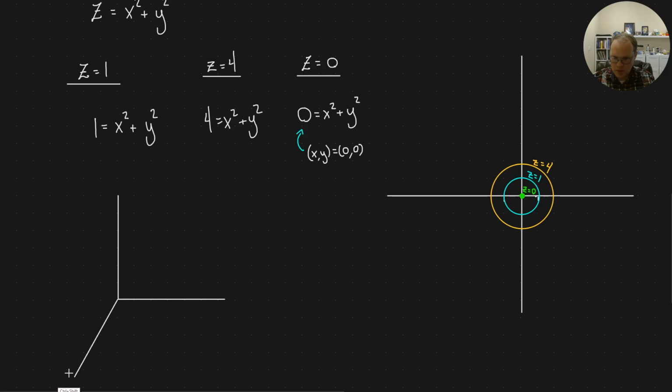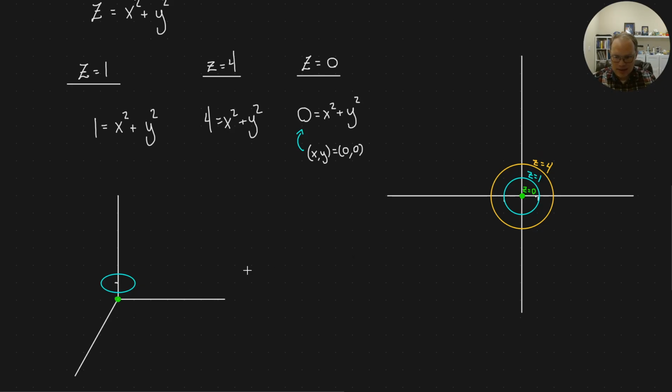Okay, so let's draw what we have in 3. I have the single point at z equals 0. When I get to z equals 1, I get a circle of radius 1. So something like that.